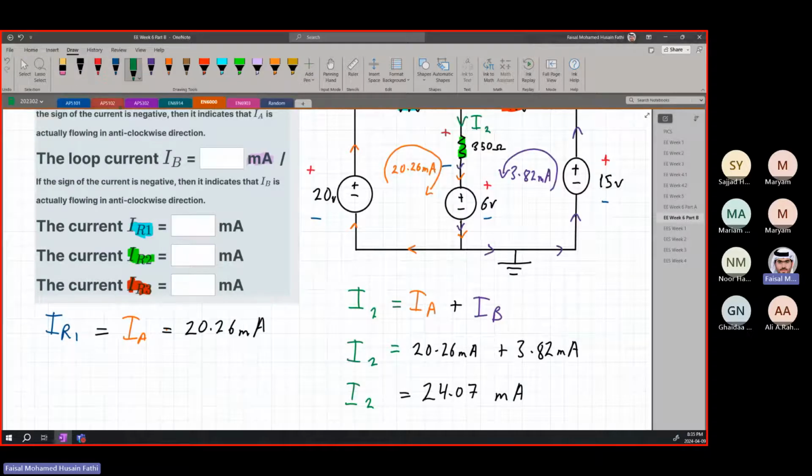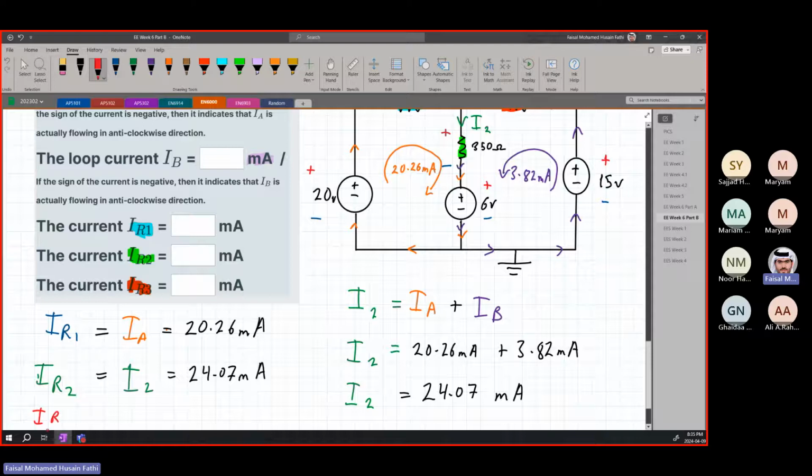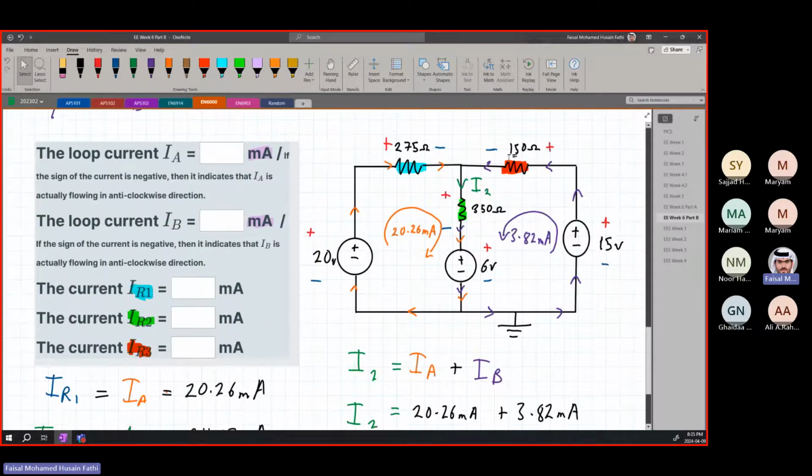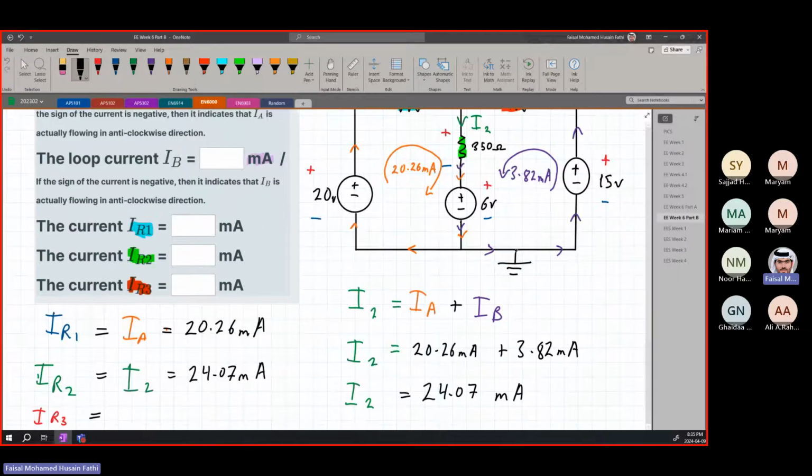So IR2 is equal to I2, the current we found, which is equal to 24.07 milliamps. And the last one, current IR3: if we look at R3, it is the one with the purple current only going through it, which is IB, and it is equal to 3.82 milliamps.